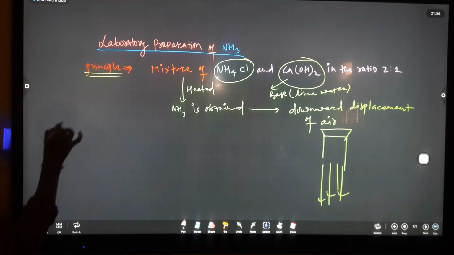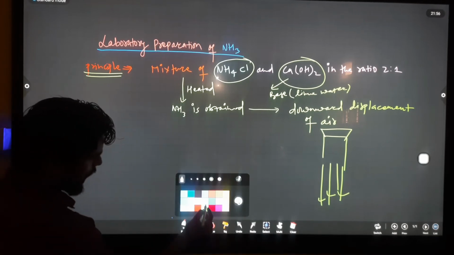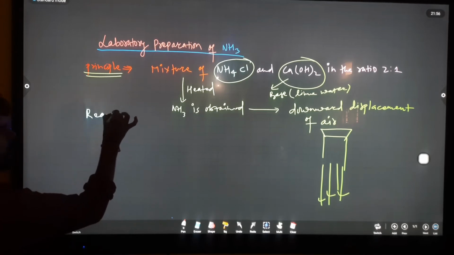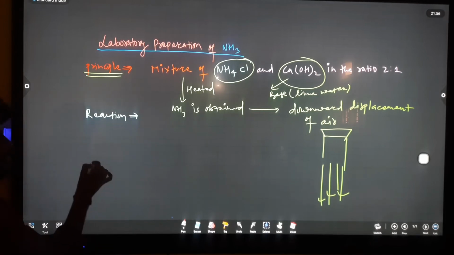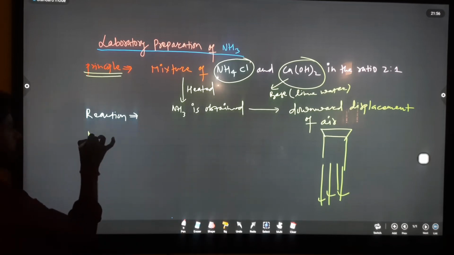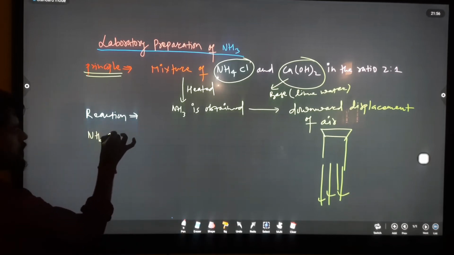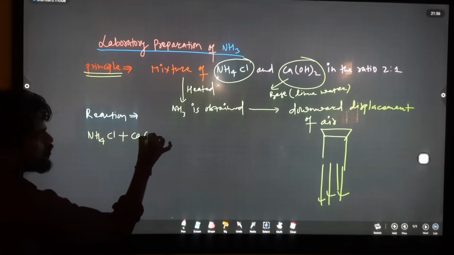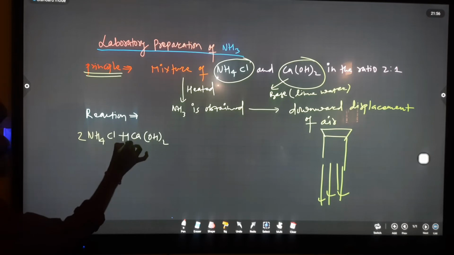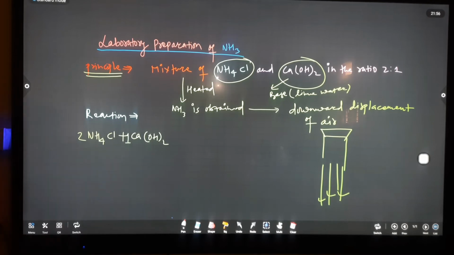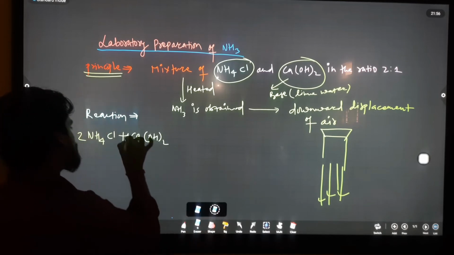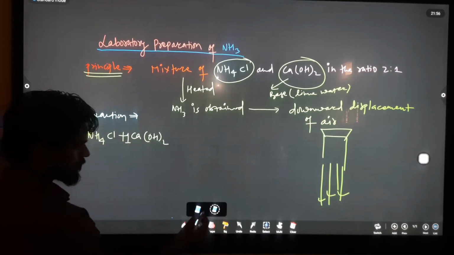So now the reaction. I'll write the reaction here. NH4Cl plus calcium hydroxide in the ratio 2:1 means here 2, here 1. The 1 no need to show.